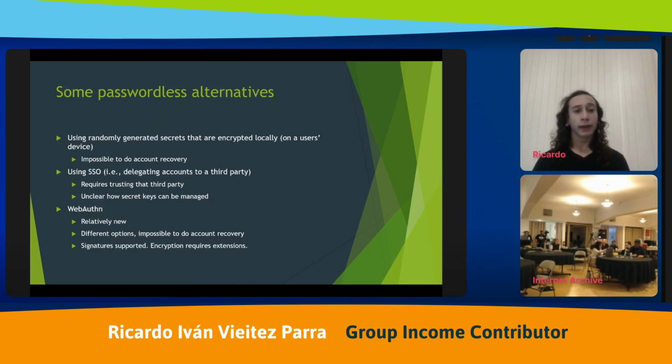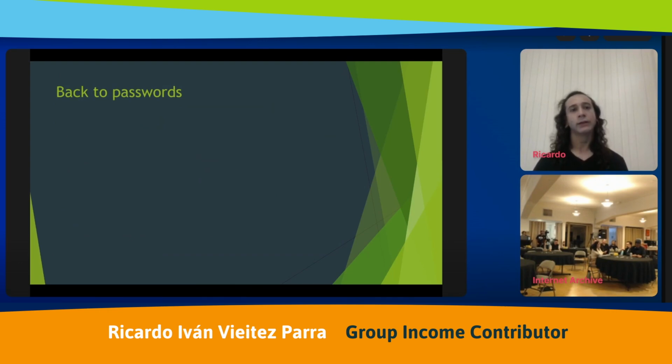But if we were to use that exclusively, it has the same issue that any of these techniques do, which is that it's difficult to do account recovery, and doing encryption is not something that is currently supported everywhere. And in some cases, this also requires some kind of dedicated hardware. It's actually a pretty complex protocol, and it's also not ideal to rely just on that.